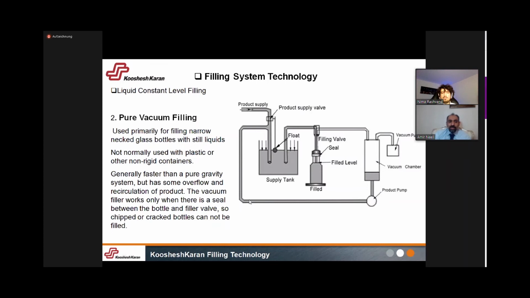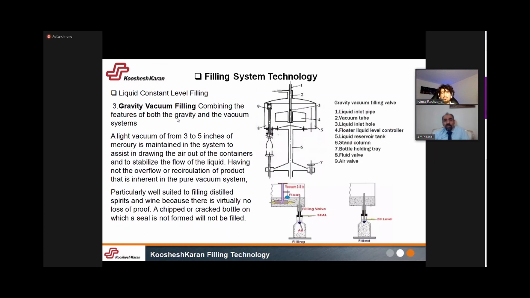We have another kind of vacuum filling. The name is gravity vacuum filling, a combination of both the gravity and the vacuum system. A light vacuum is maintained in the system to assist in drawing the air out of the container and to stabilize the flow of the liquid, so there is no overflow or recirculation of the product.